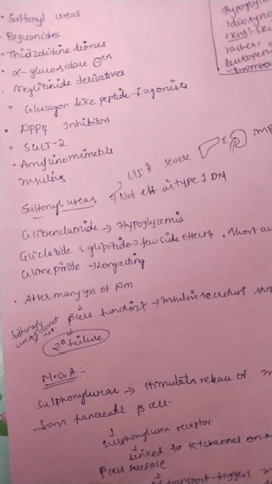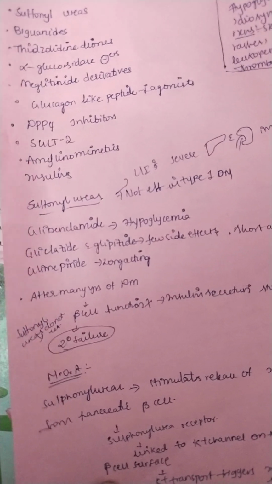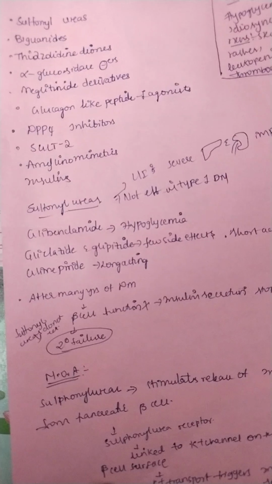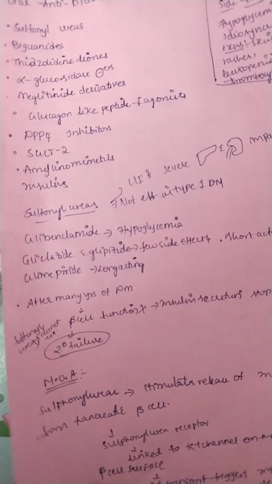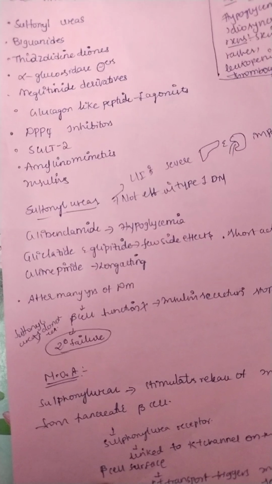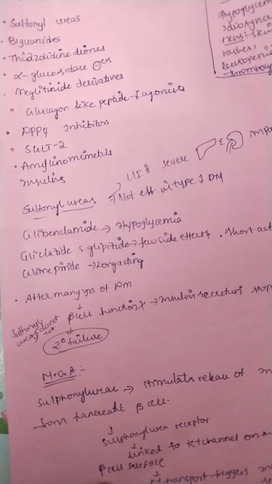Insulins we are not bothered about in this class; we'll have a separate class on insulins. I'm doing each of the classes separately, so today exclusively we'll learn about sulfonylureas.